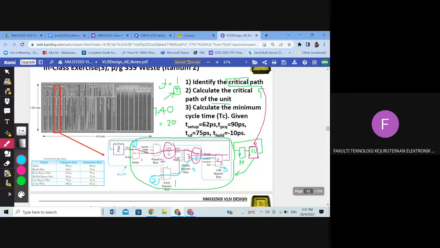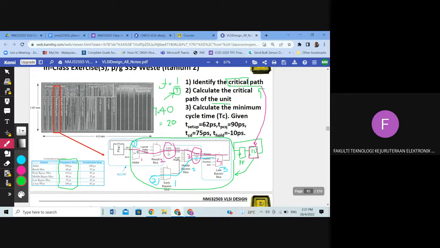But that's not yet finalizing the critical path. We need to see the propagation delay. You need to sum up all the propagation delays of the two paths, and from there you can see the total amount of delay time.